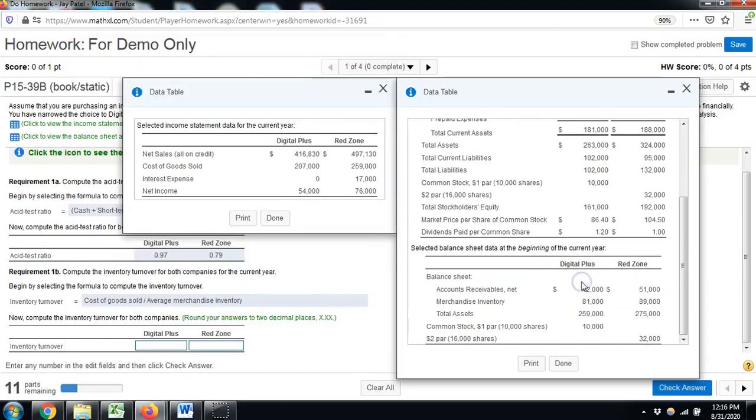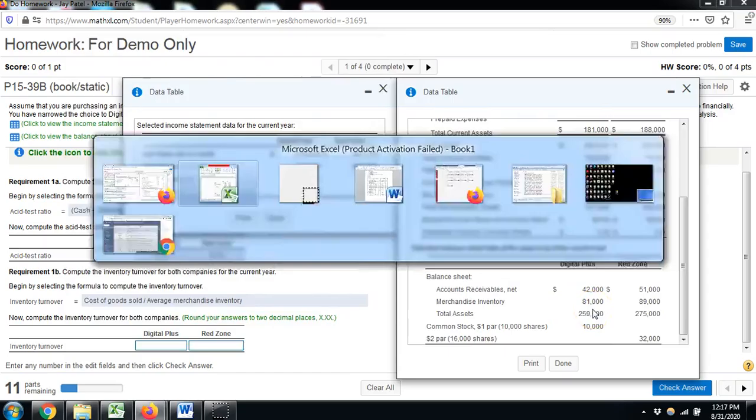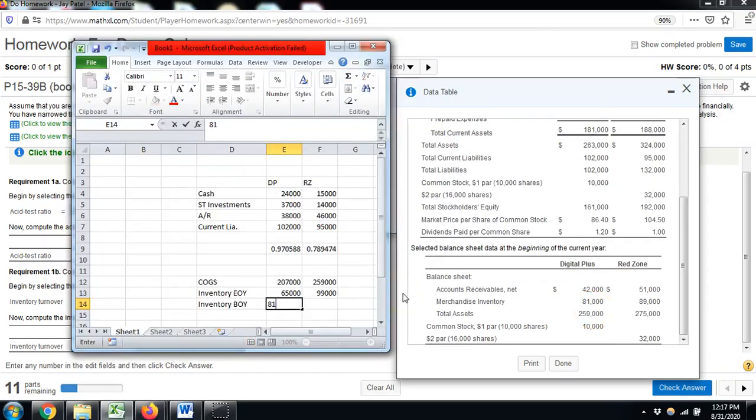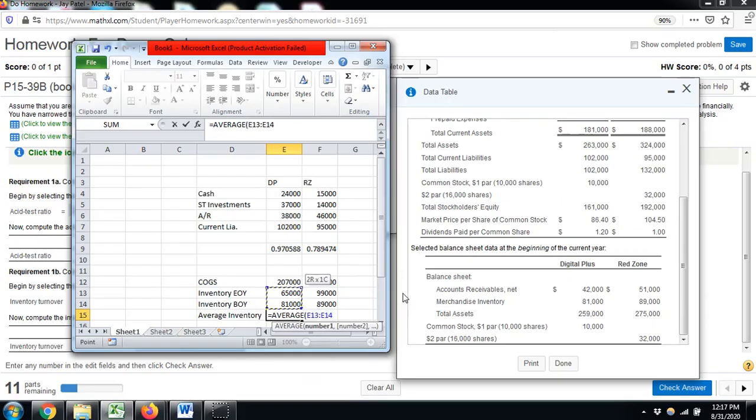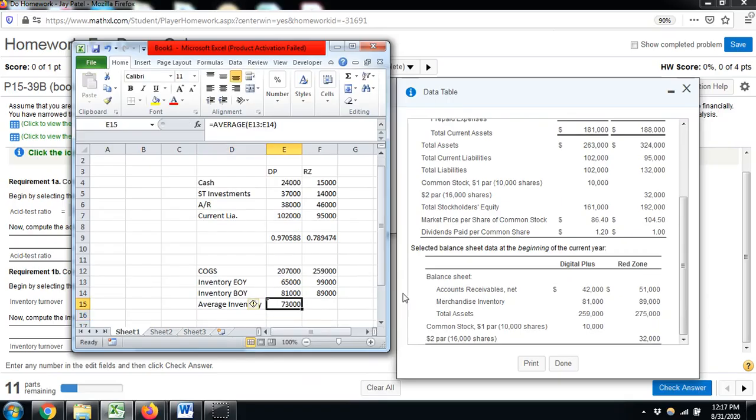And the beginning of the year, down here. Okay, so let's now get the average inventory. Okay, so now we have the average inventories.